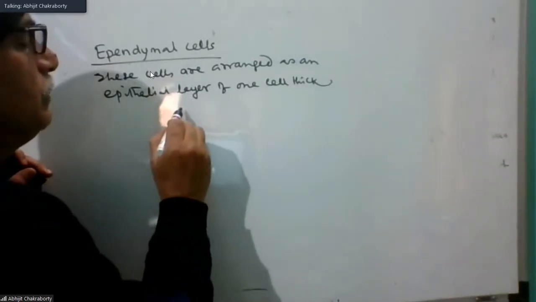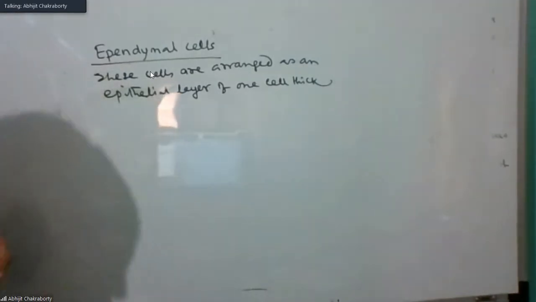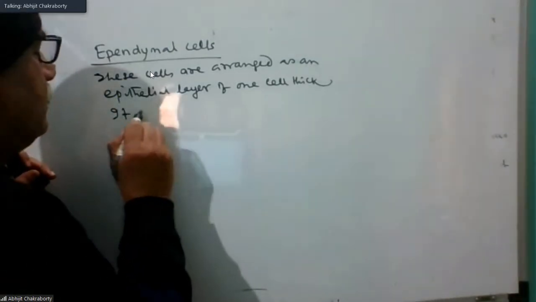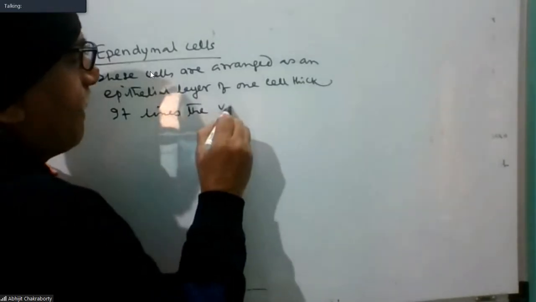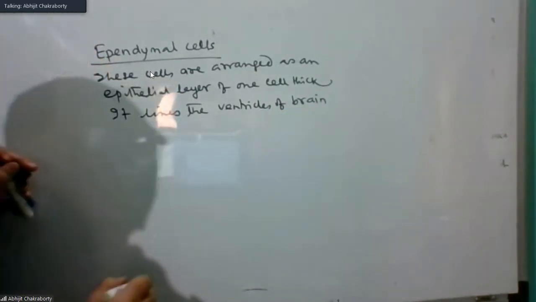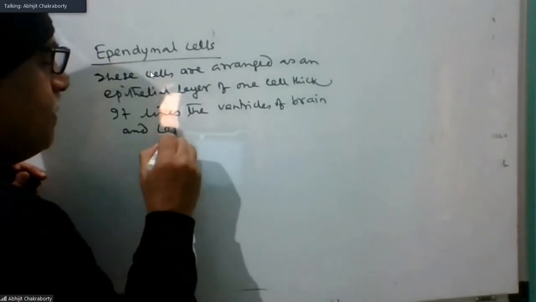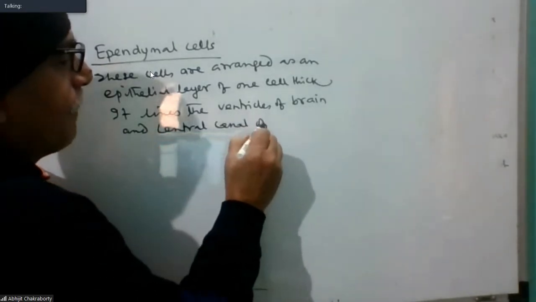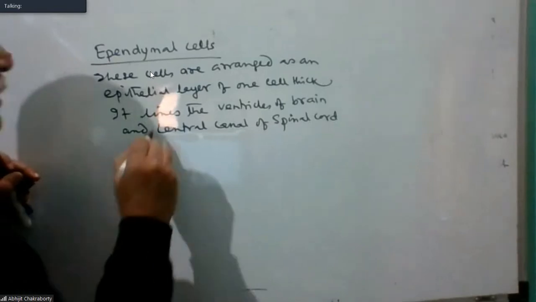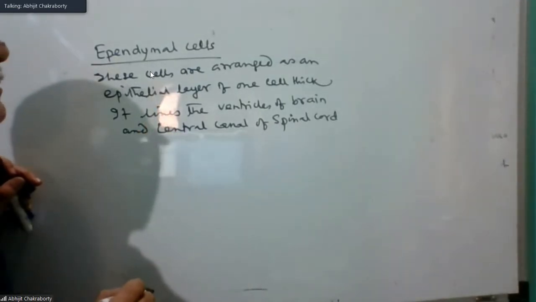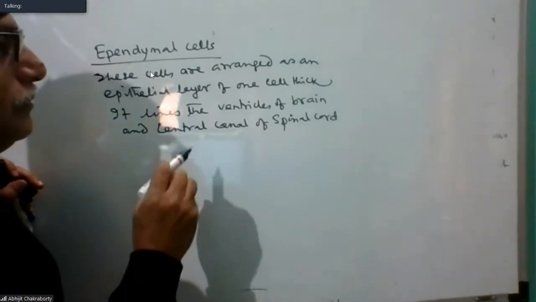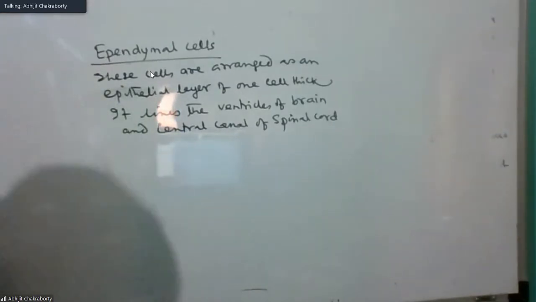They are found to line the ventricles of brain and central canal of spinal cord. At their free surface, microvilli are developed.